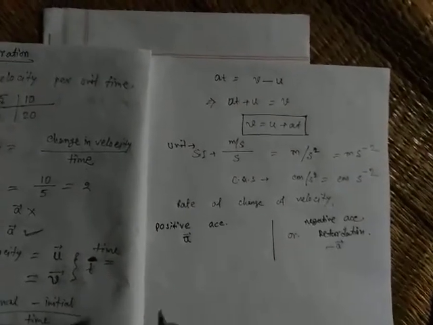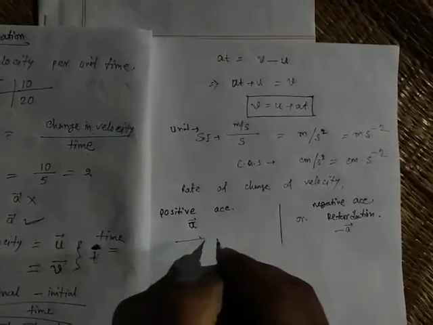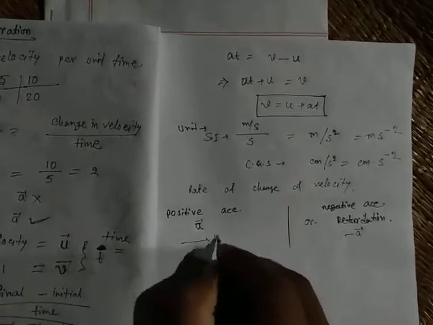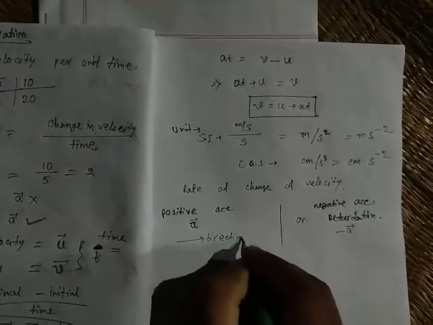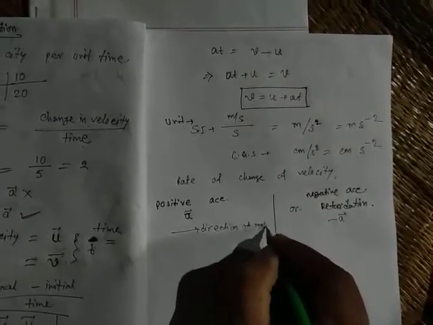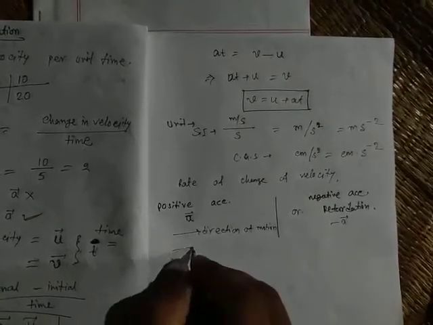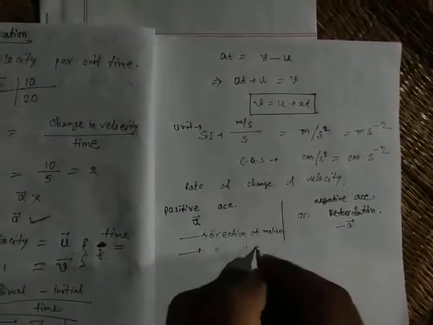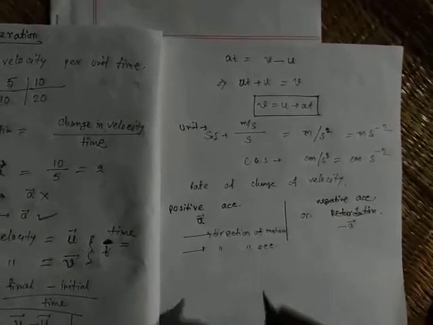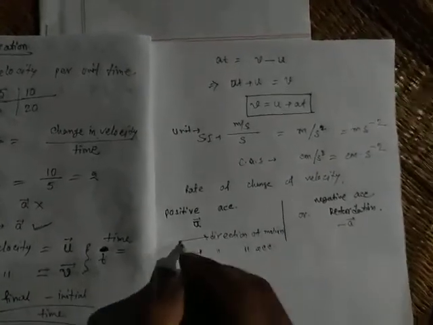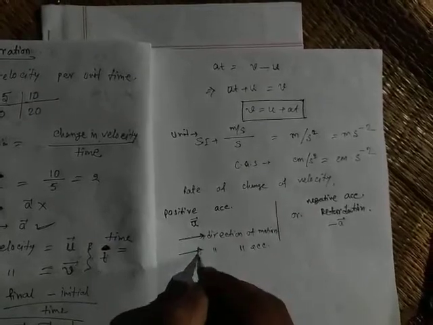Always remember, for positive acceleration, this is very important: the direction of motion and the direction of acceleration are both in the same direction. This is in this direction, and this is also in this direction.